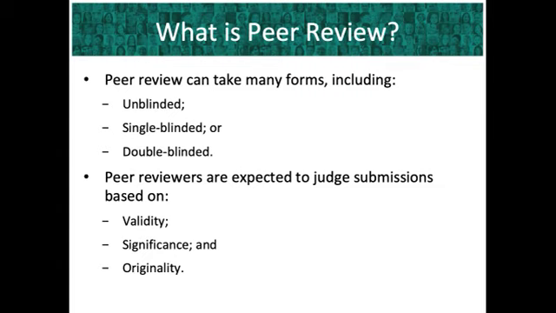Now there's a single blind system. This is used by many scientific journals in which the authors do not know the identity of the reviewers, but the reviewers know the identity of the authors. That same approach is used for review of grant applications, for example, in that one of the criteria that a member of a grant review section will consider is the qualifications of the investigators.